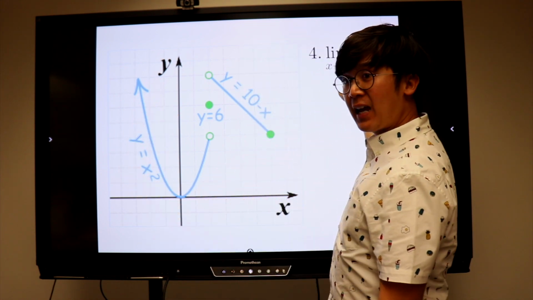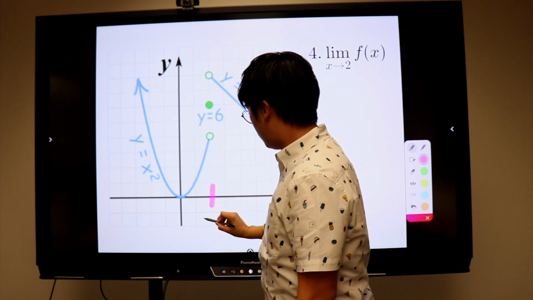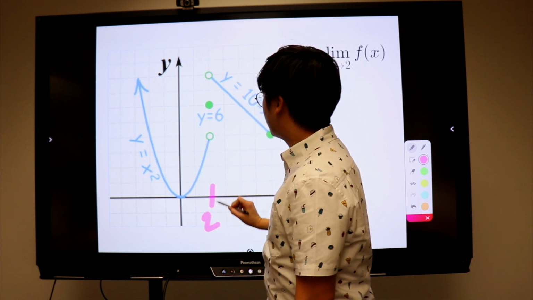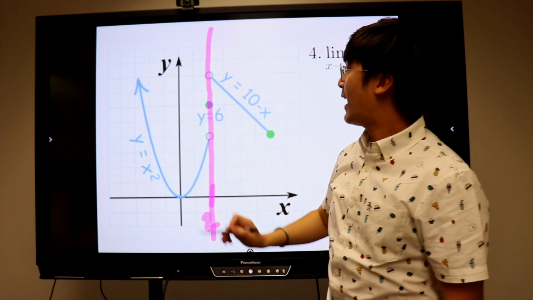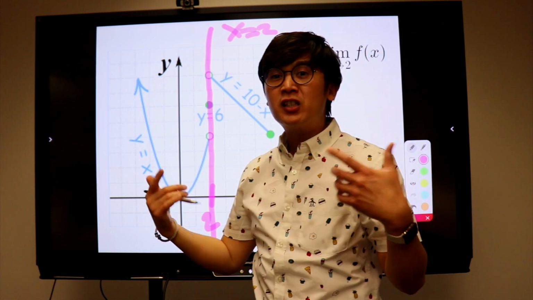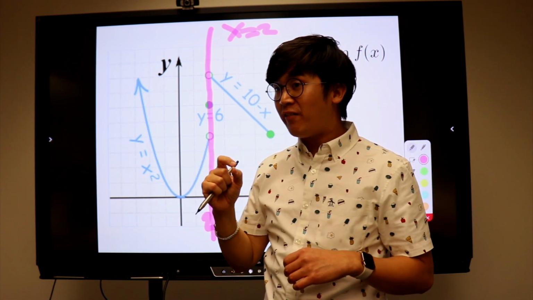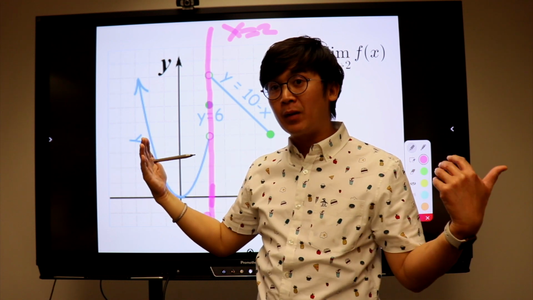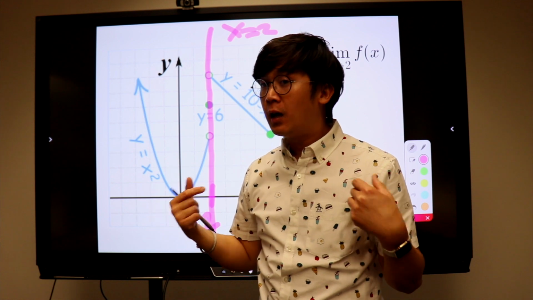We're approximating x equal to 2, right? Is this x equal to 2? Yes. So let's draw a line right here. That is x equal to 2. And according to the description of a limit, the limit will exist if the y value coming from the left and coming from the right will be approaching the same number.